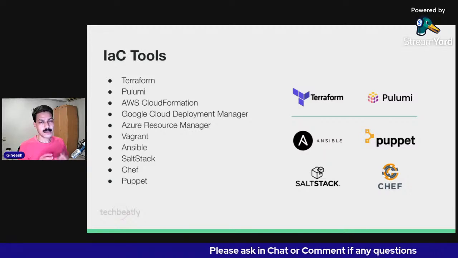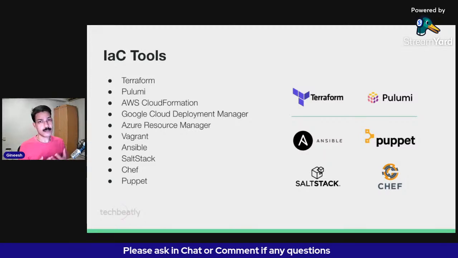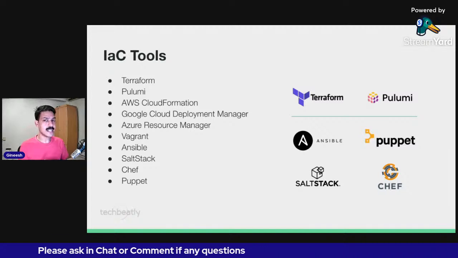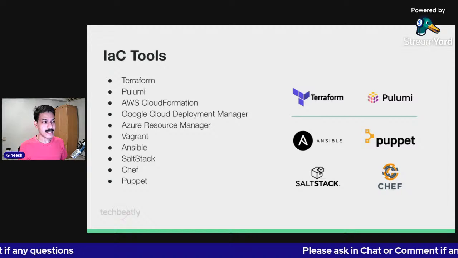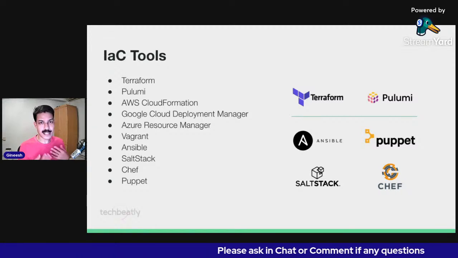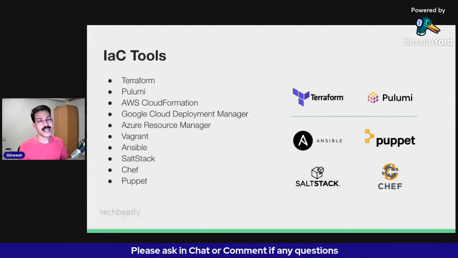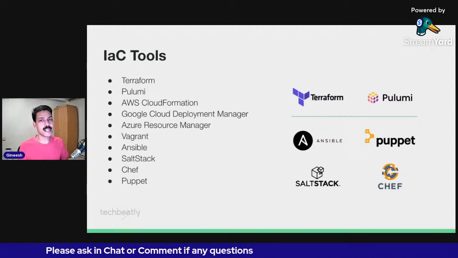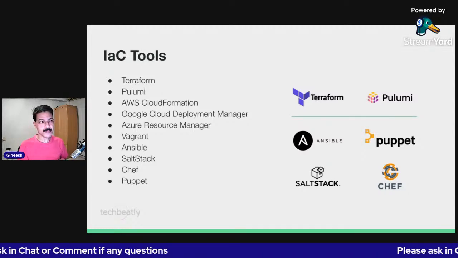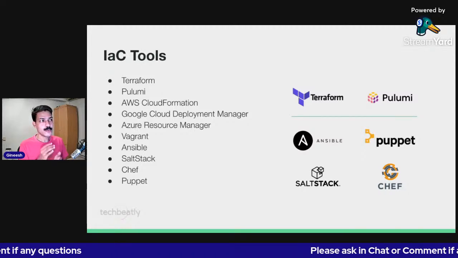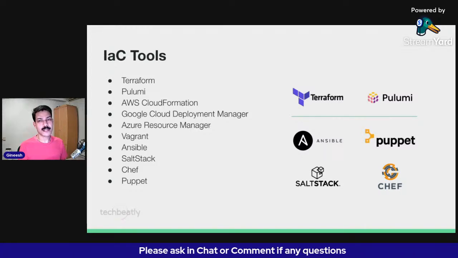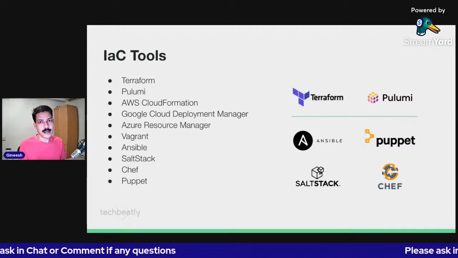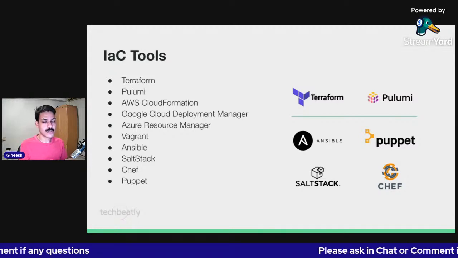And we have other small tools for development setup like Vagrant. Then there are Ansible, Saltstack, Chef, and Puppet. Actually, these are IaC tools, but they are mainly used for configuration management rather than IaC. If you talk about real IaC tools, I will say Terraform and Pulumi, those are really for this IaC purpose. There are a few others, but we are not going to cover those.